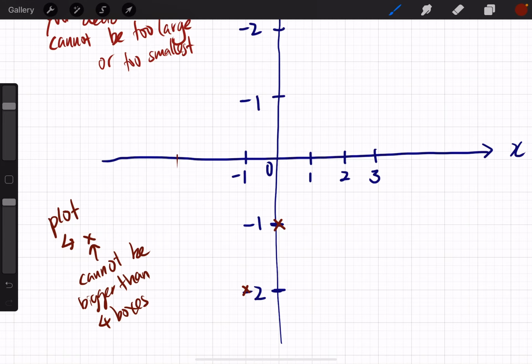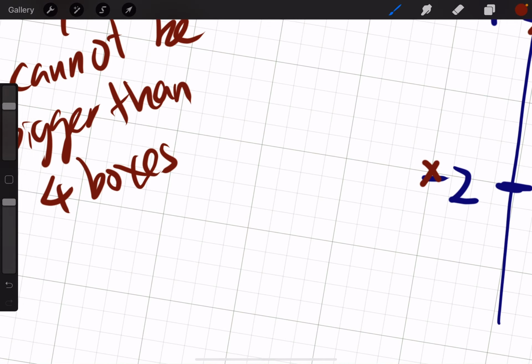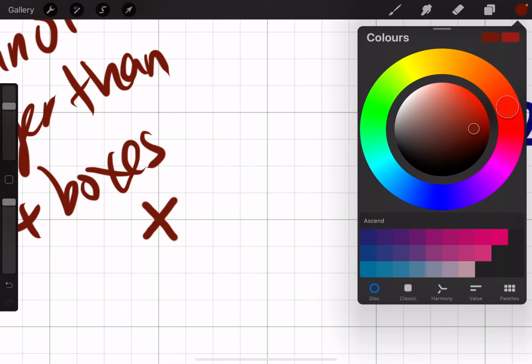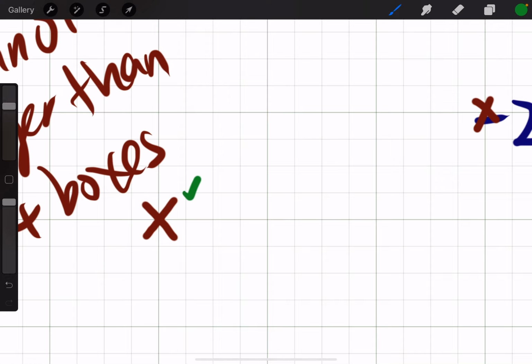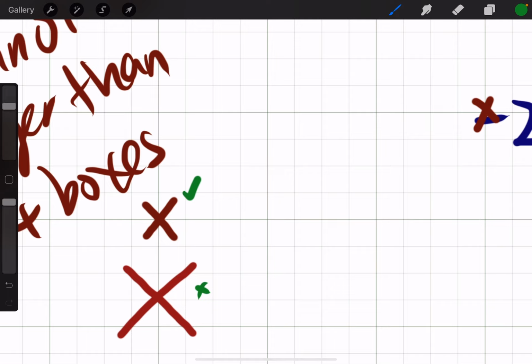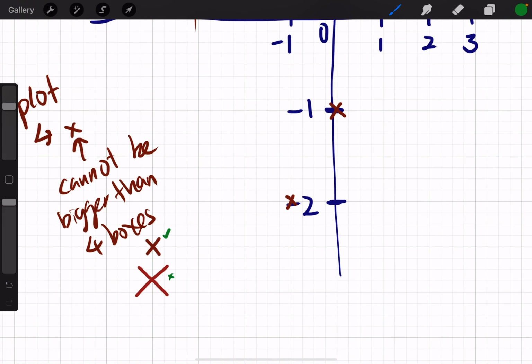Let me show you. Make sure that your cross is like that. This will be correct, but don't draw it like that. This will be wrong. It should be smaller than the 4 boxes you're drawing in. It cannot be too big, and it cannot be too small also.